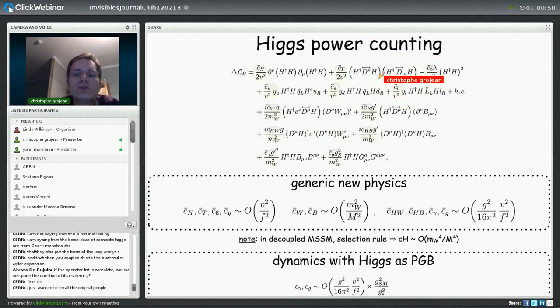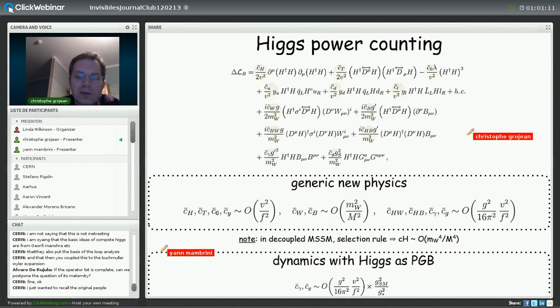So to answer Alvaro, of course there are additional operators that I haven't written here, like four-Fermi operators, that have no effect on Higgs physics, except modifying the backgrounds. But at the moment, the current constraints coming from flavor physics, etc., on these four-Fermi operators tell you that this modification of the background can be totally neglected.